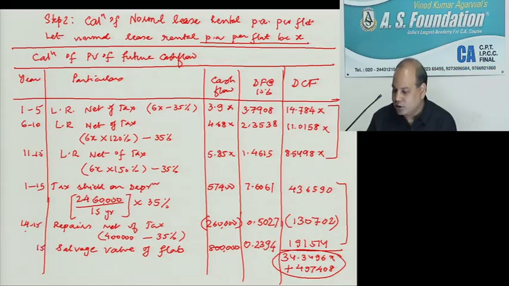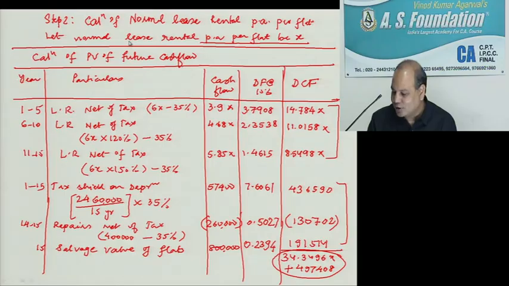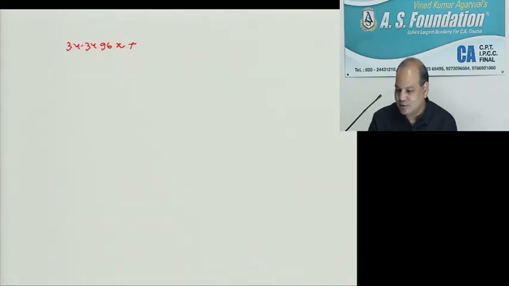Let me try now. 34.3496x plus 497408. And this should be equated with 24 lakh 60,000 initial investment.